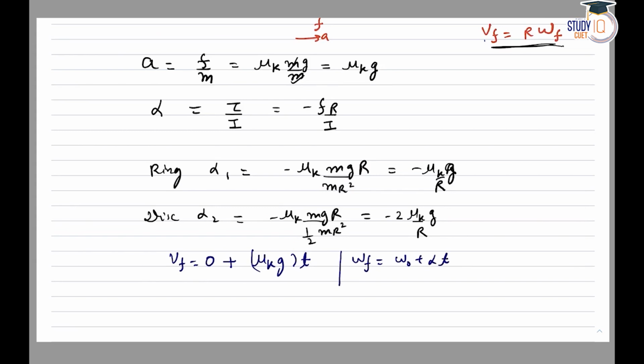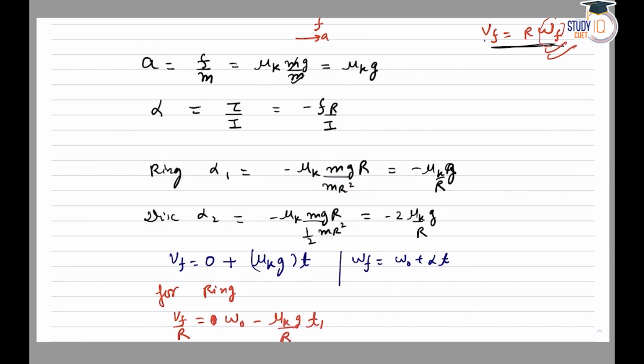Now taking the situation one by one for the ring and disk separately. In case of the ring, we can say that omega final can be written as v final by r, which is equal to omega naught plus alpha 1 into t, and the value of alpha 1 in case of the ring is minus mu k into g by r, into time t1.